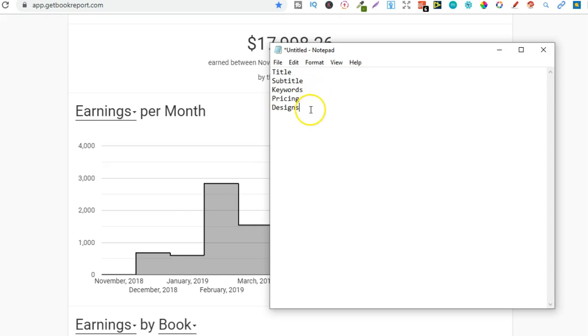So what do I mean by that? I mean there's something like this: pink, black, boys, girls, notebook, sketchbook.